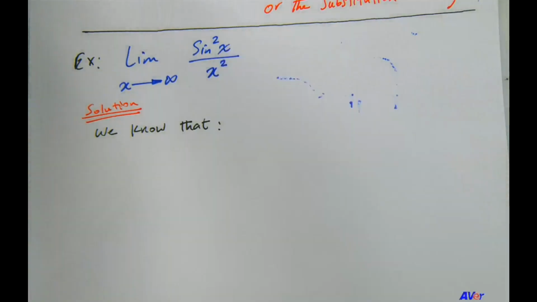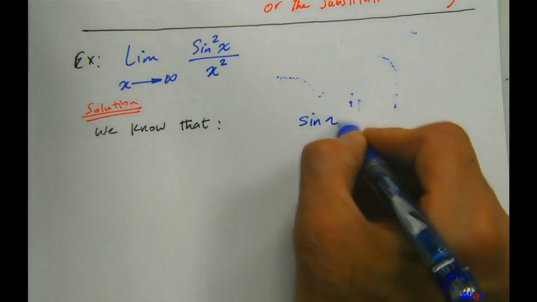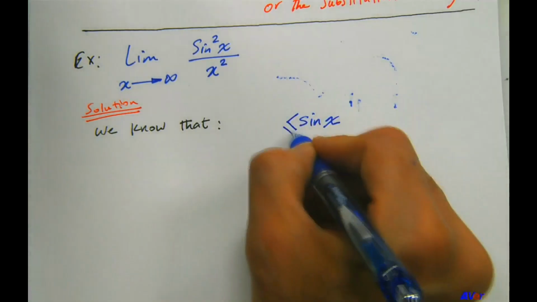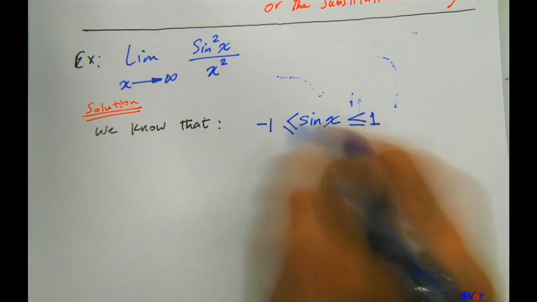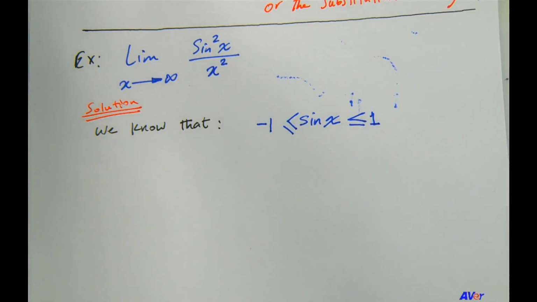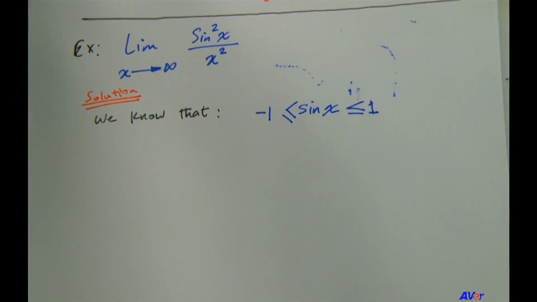It oscillates between 1 and -1. Remember that? So let's make use of what we already know. So sine of x varies between -1 and 1. That's the range for the basic sine function. Okay, we remember that from trigonometry.